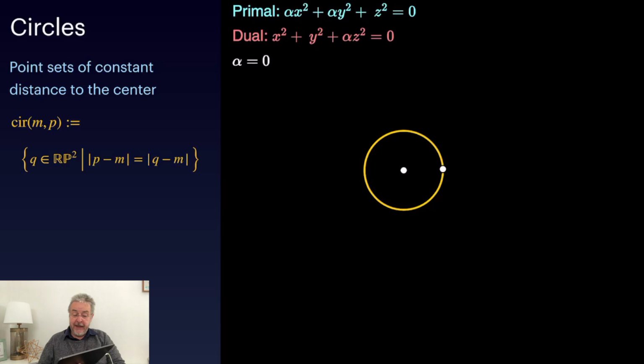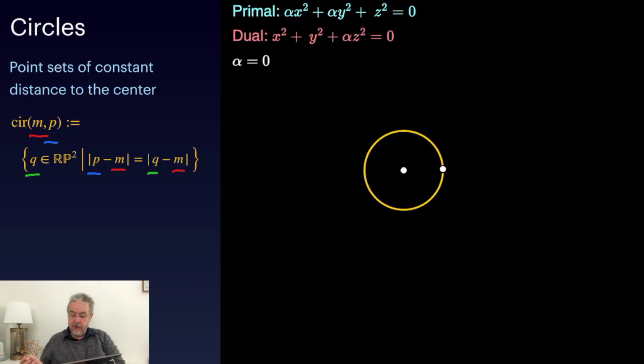I want to fix a primal and a dual conic, and I want to study circles. So circles being defined by a center point and by a point on the perimeter of the circle, and circles are the set of all points Q such that the distance of the center to both P and Q is exactly the same.